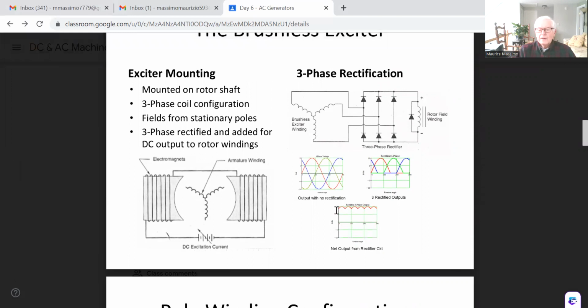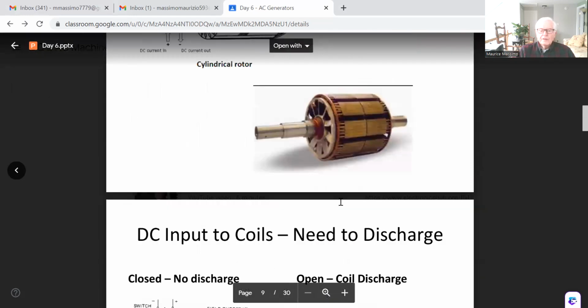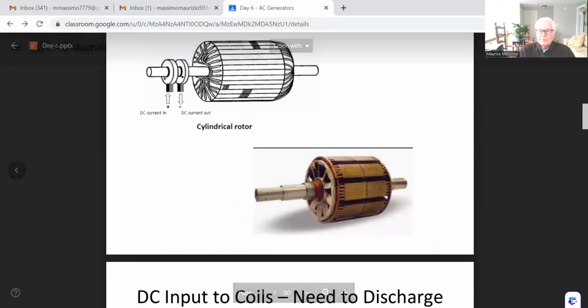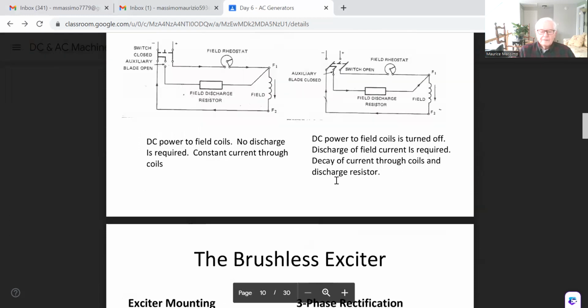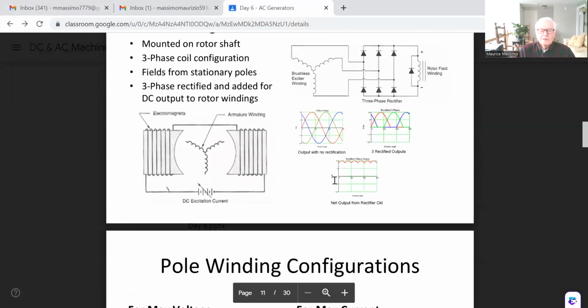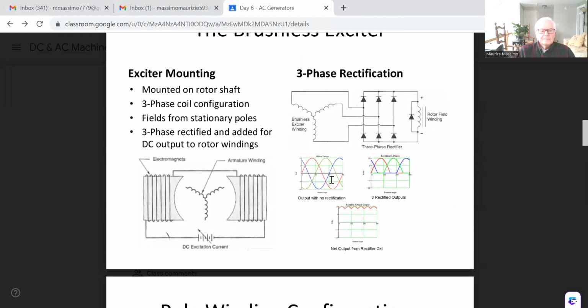Okay, and then with them joined together very closely, we just get a small ripple current, and that ripple current then can be fed to the coils in the rotor. So that's the brushless exciter.